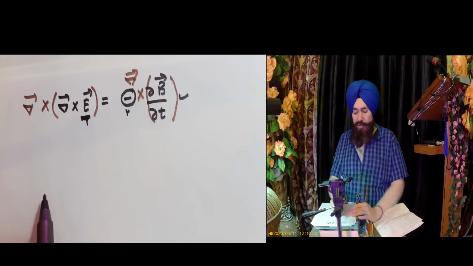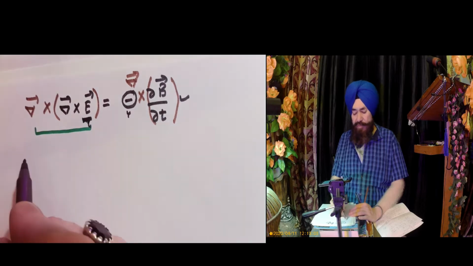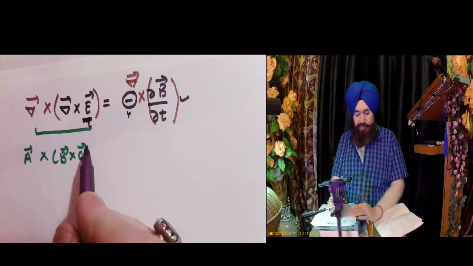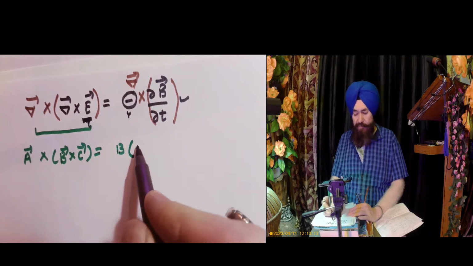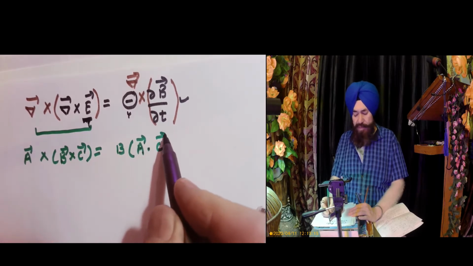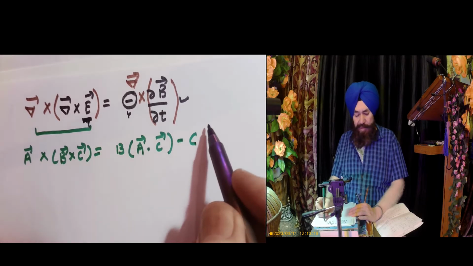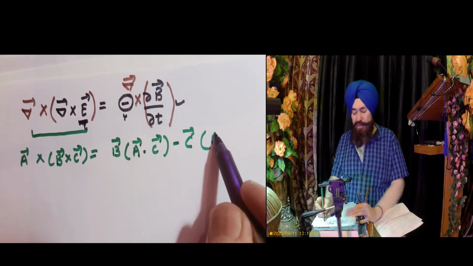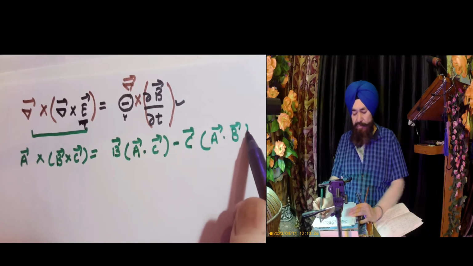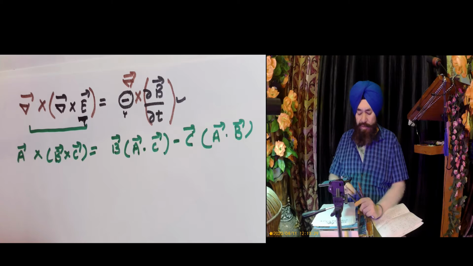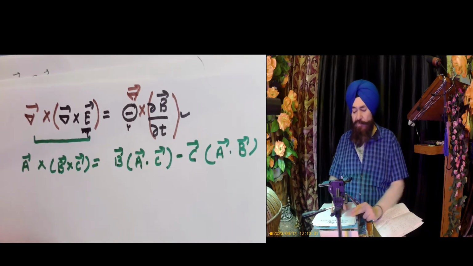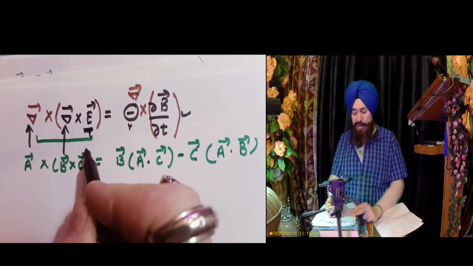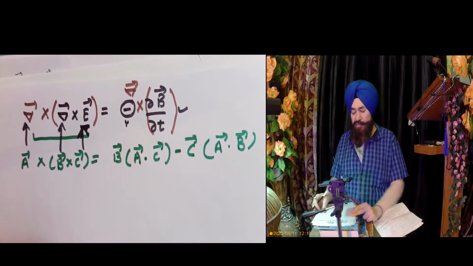So, our formula for this: A cross B cross C is equal to B, A vector dot C vector, minus C vector, A vector dot B vector. This is our A vector, this is our B vector, this is our C vector.